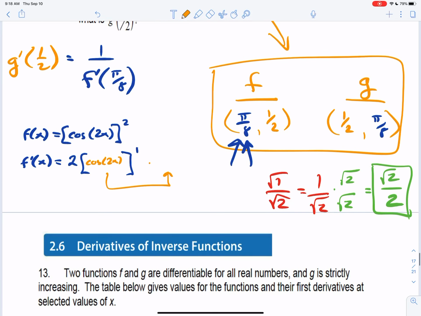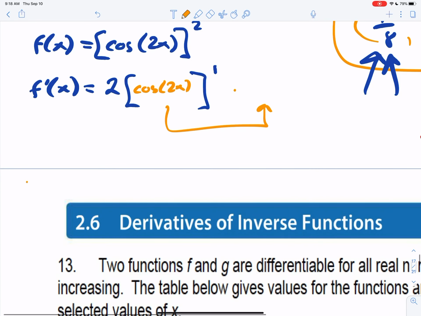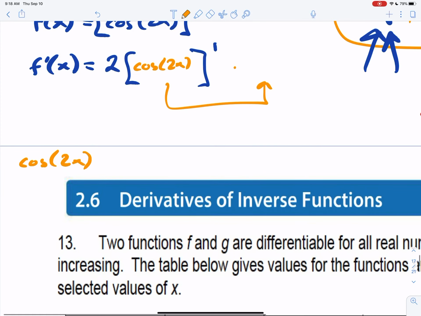Okay, so sidebar real quick. Just look at the inside. Okay, how do I take the derivative of this? There's also another function inside of another function. So I have to apply the derivative, which is going to be the derivative of the outside, which is negative sine.